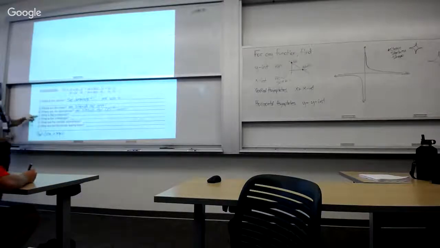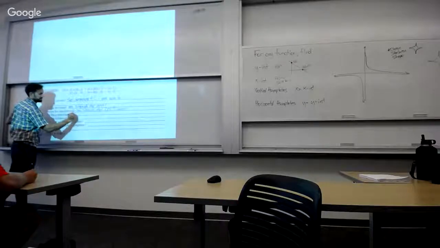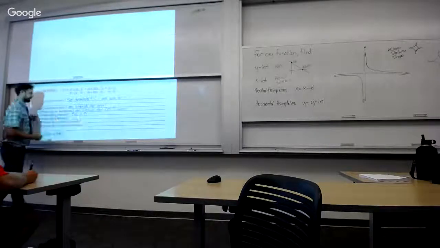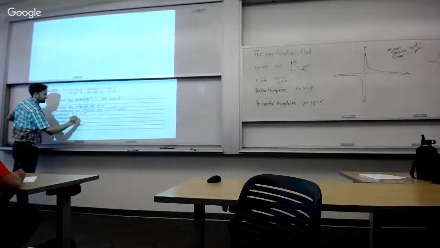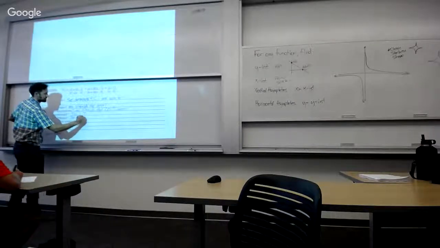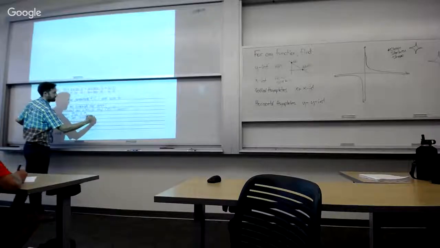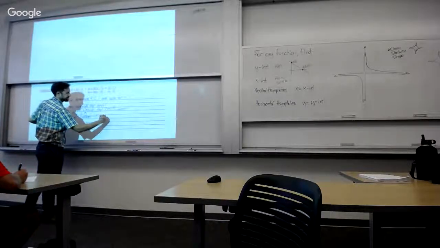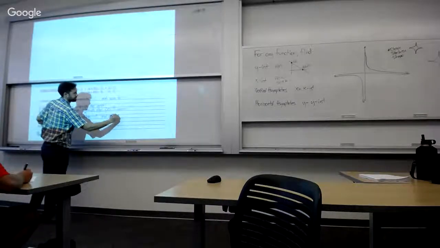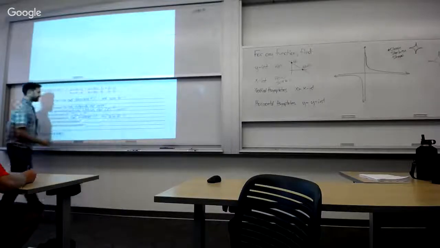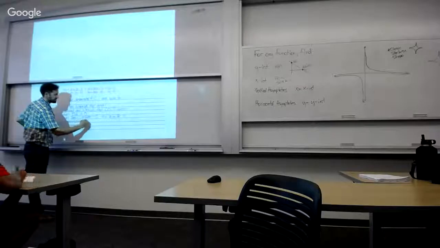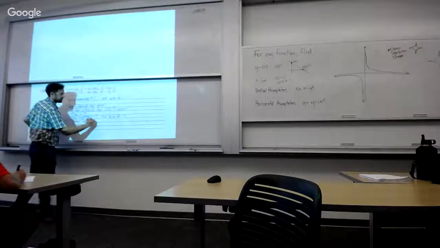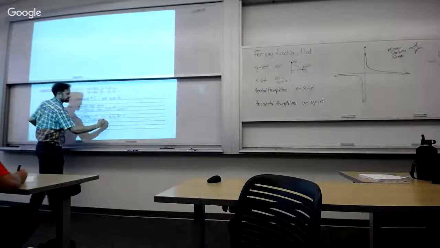What is the y-intercept? Plug in 0. What is the x-intercept? Set the numerator equal to 0 and solve for x. Where are the vertical asymptotes? Set the denominator equal to 0 and solve for x.